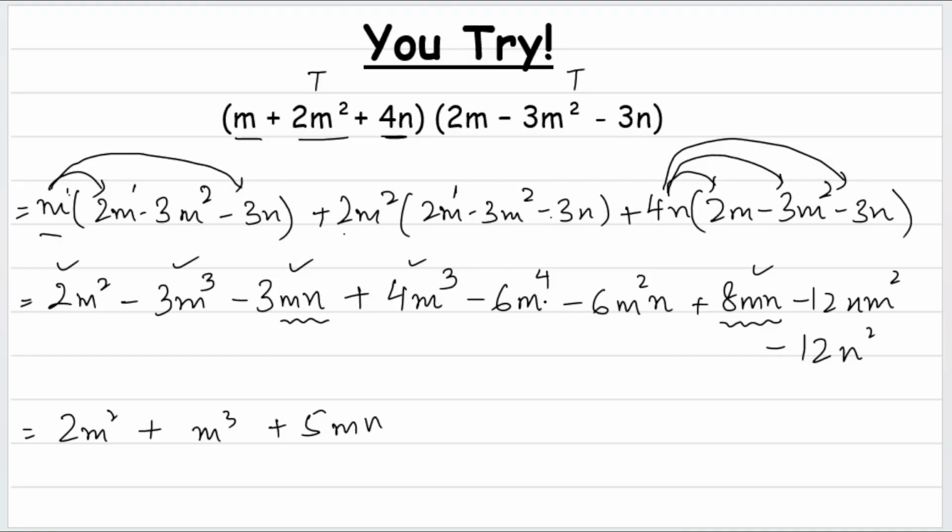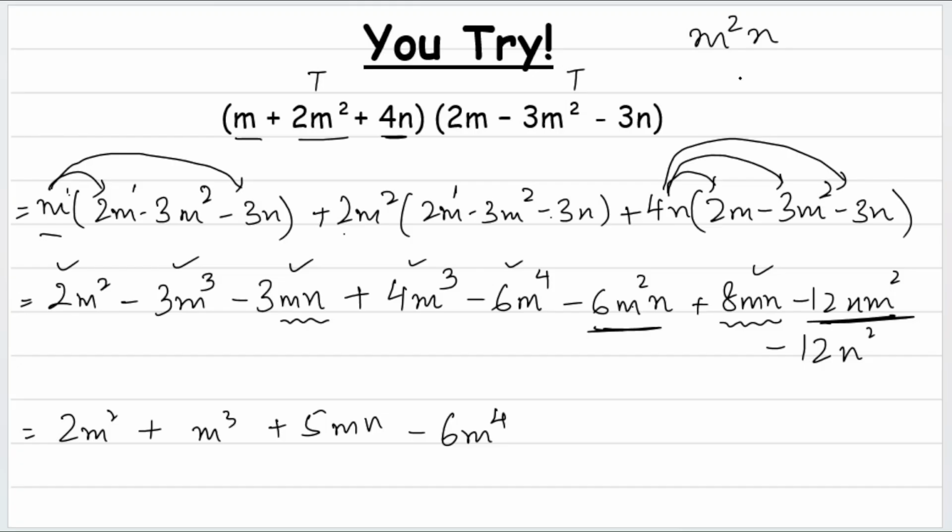Let's come to m4. Do we have any m4? No. Let's take m square n. Oh yeah. So this term and this term are like terms. This is m square n and this is n m square. They are same.